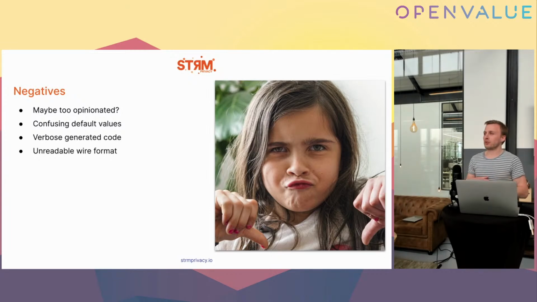So it can be too opinionated in that sense. But of course, you have the control yourselves over there. Default values, I already told you guys, it bit us really quite sometimes. And you really have to think about that. But there are solutions for that, luckily.